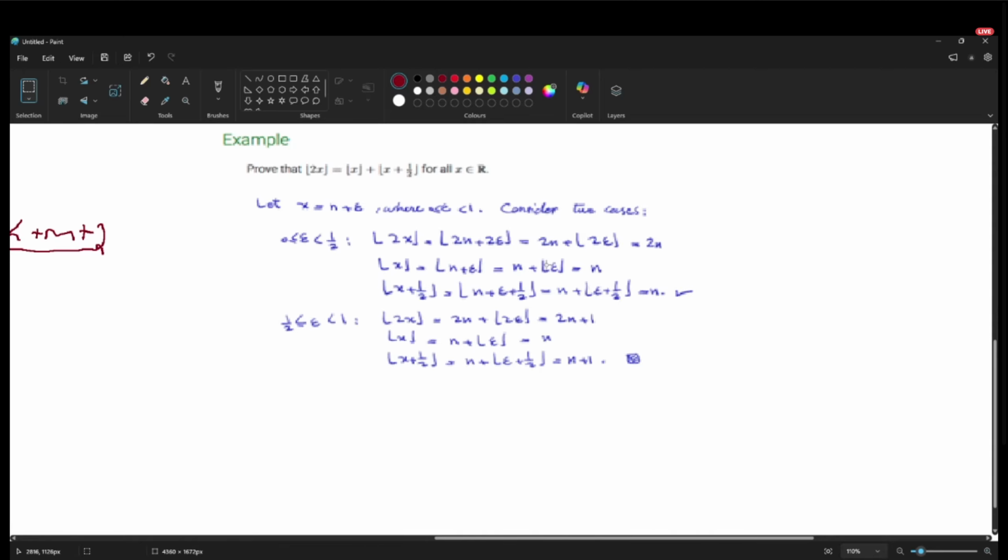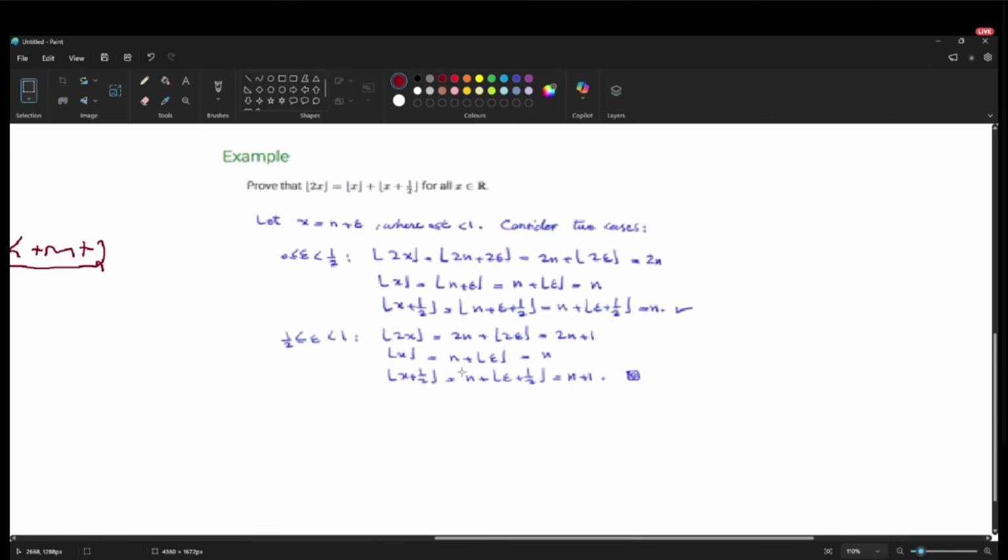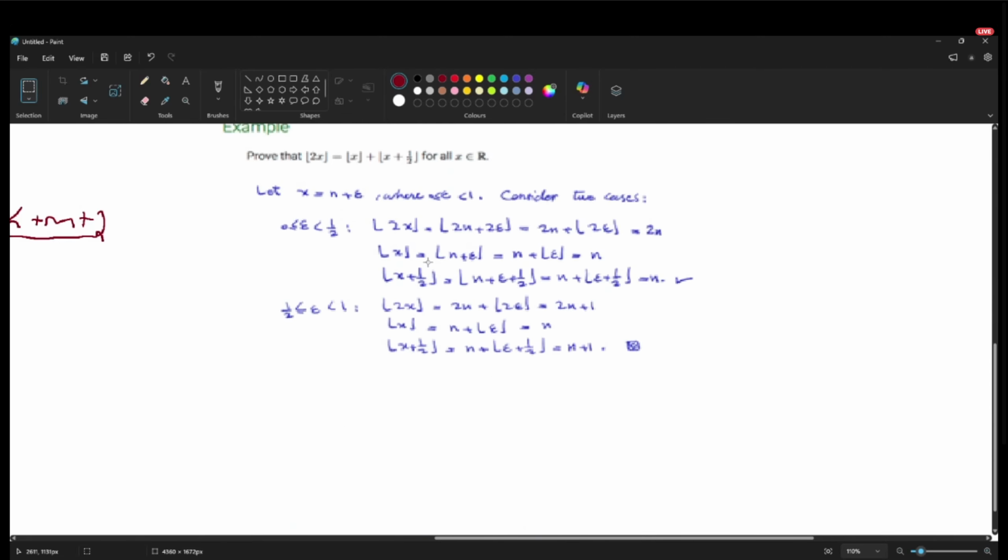And the absolute value of x equals n plus epsilon, which is equal to n. And then floor 2x is 2n, 2n plus 1. Yeah, this is a good proof.